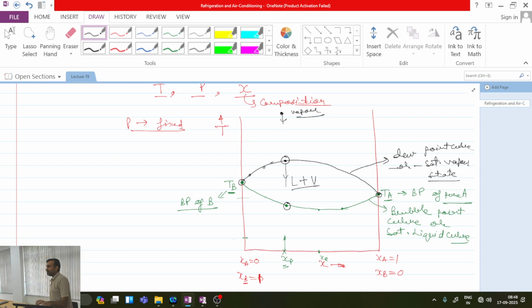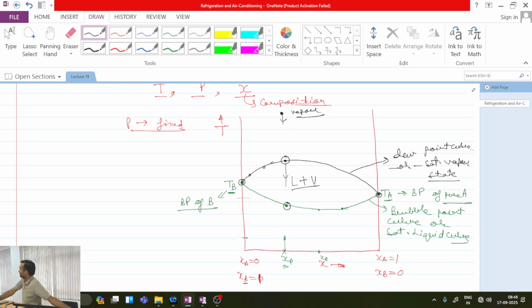In between I will be having a mixture of liquid and vapor. But the important point is, during this phase change process, for conversion of saturated vapor to saturated liquid, the temperature also decreases, and during the heating process temperature also increases. So for a mixture, during the phase change process, temperature does not remain constant.